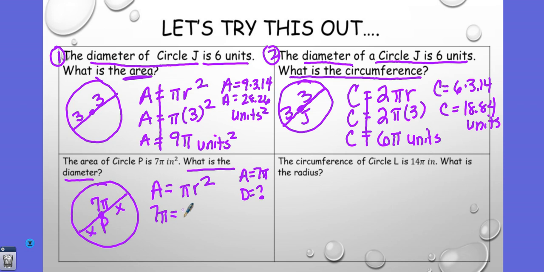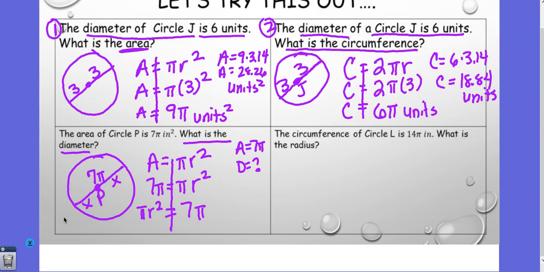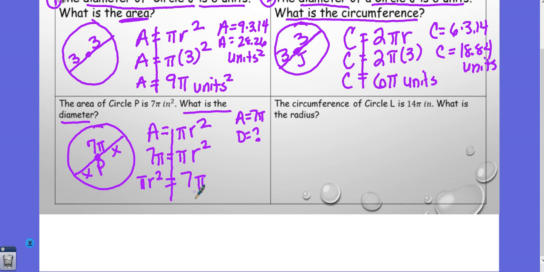So I'm going to say pi, and I need to find the radius in order to find the diameter. So if I draw my line down the middle, my variable is on the wrong side, so I'm going to use my symmetric property of equality and switch it over. And then from here, I want to get the radius squared by itself.